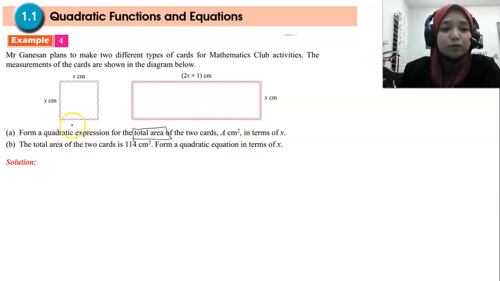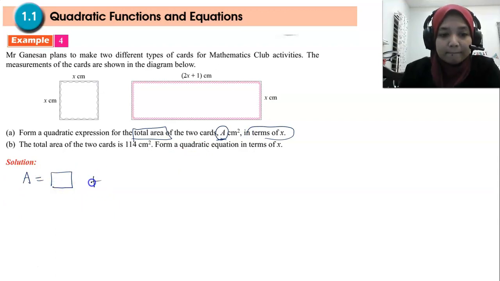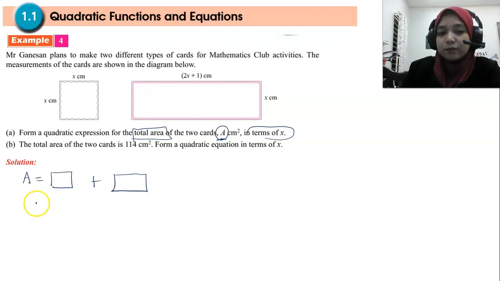So, untuk case ini, untuk total area, dia nak guna A in term of X. So, total area A. A means area of square plus area of rectangle. So, area of square means X times X. X times X dapat X square.